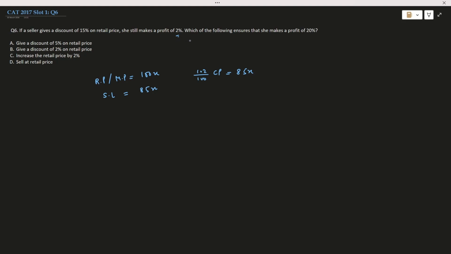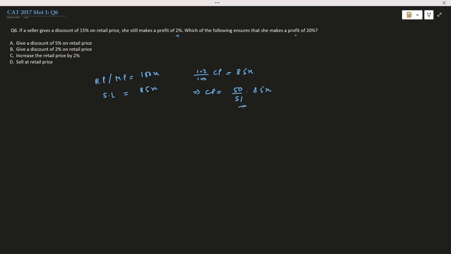Since I'm making 2% profit, that means CP into 1.02, or 102% of CP, would be the selling price. So this will become CP equal to 50 by 102, and 102 is 51 into 2, so CP is 50 by 51 into 85x. This is the cost price of the article.